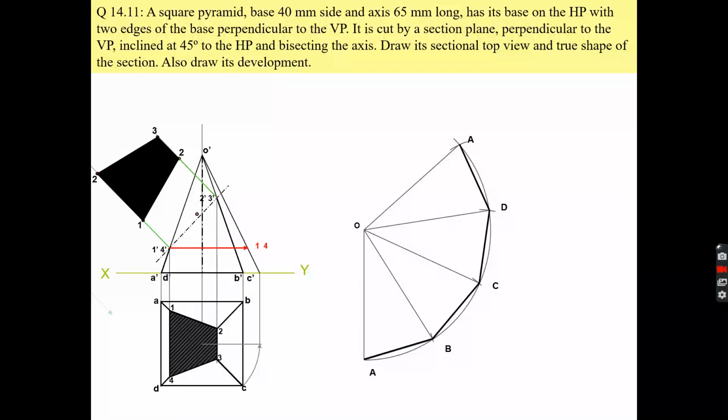Like this. Okay, so now you can measure the distance of points 1 and 4 from here, and you can mark these points on the OA and OD.